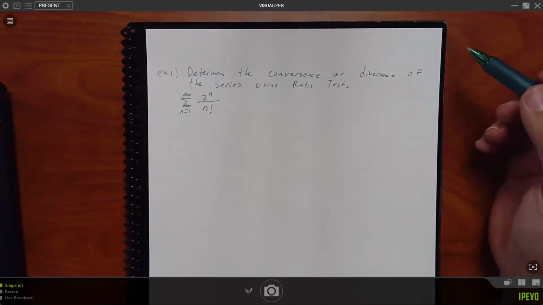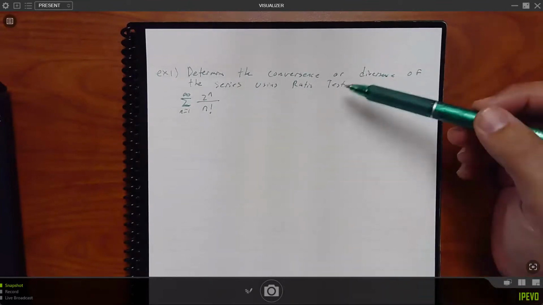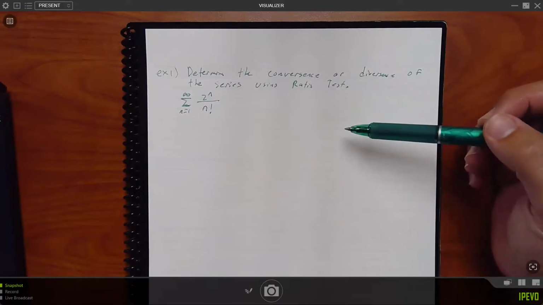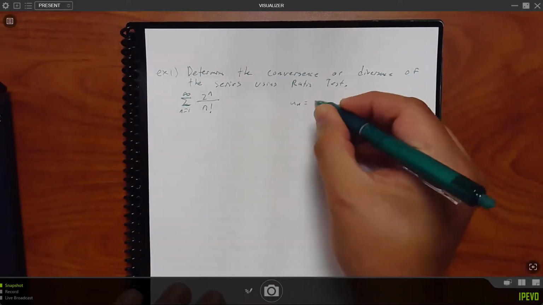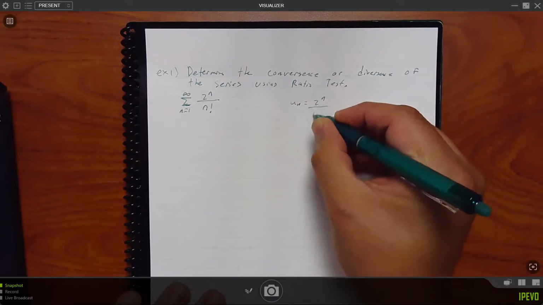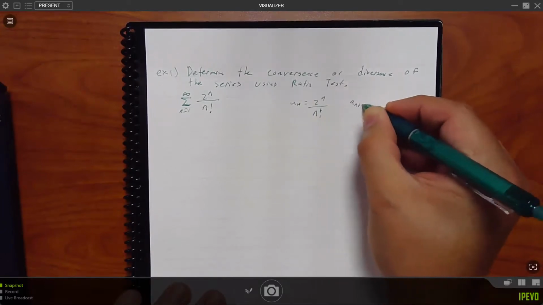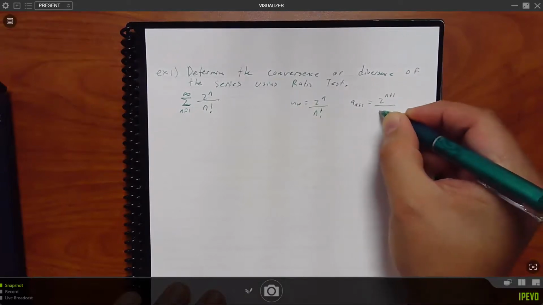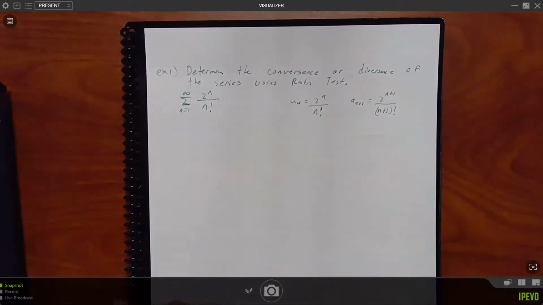Factorial. So this is a factorial problem. So basically we have to use the ratio test. Since we're just learning it, I'm telling you, you should use ratio. Remember we said we need a_n, and we need a_{n+1}.